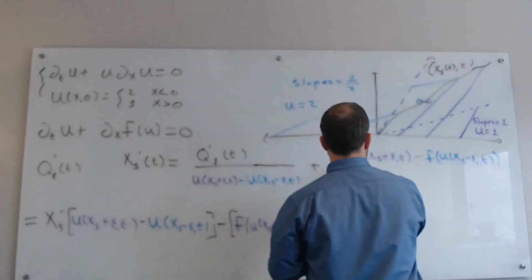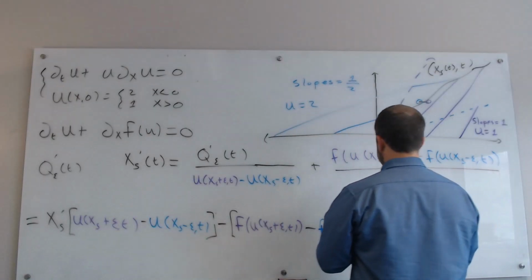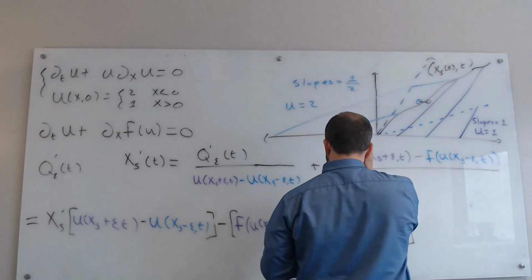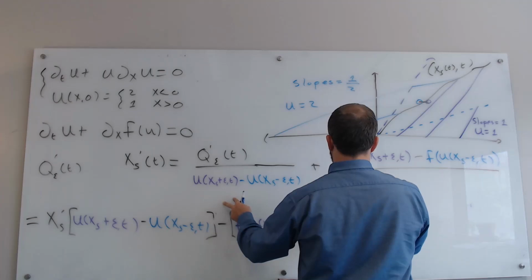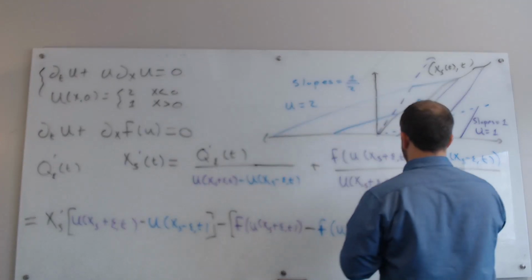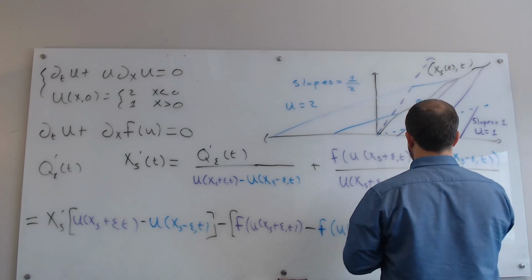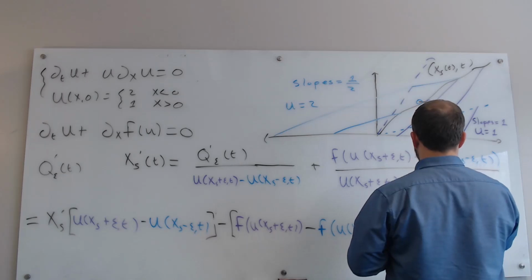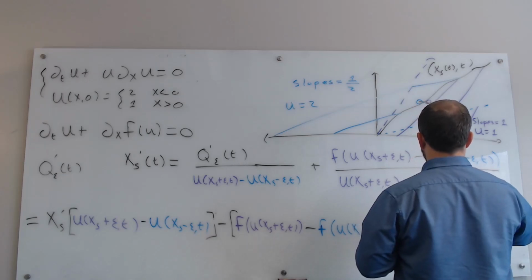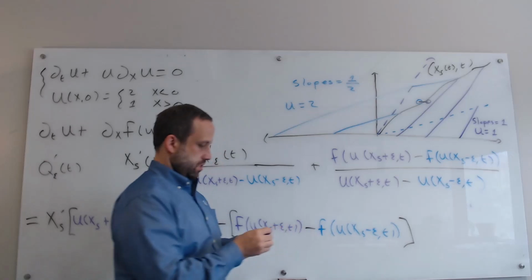And then all of this is going to be divided by the same thing that I have over here: u of xs plus epsilon comma t minus u of xs minus epsilon comma t, like this.